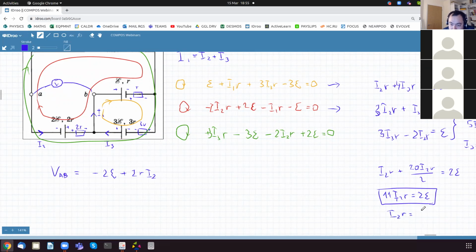I2R is 2 EMF divided by 11, and we're going to use this here. So it's going to be minus 2 EMF plus 2 times 2 EMF divided by 11, which is 4 over 11. Minus 22 plus 4 is going to be minus 18 over 11 EMF.